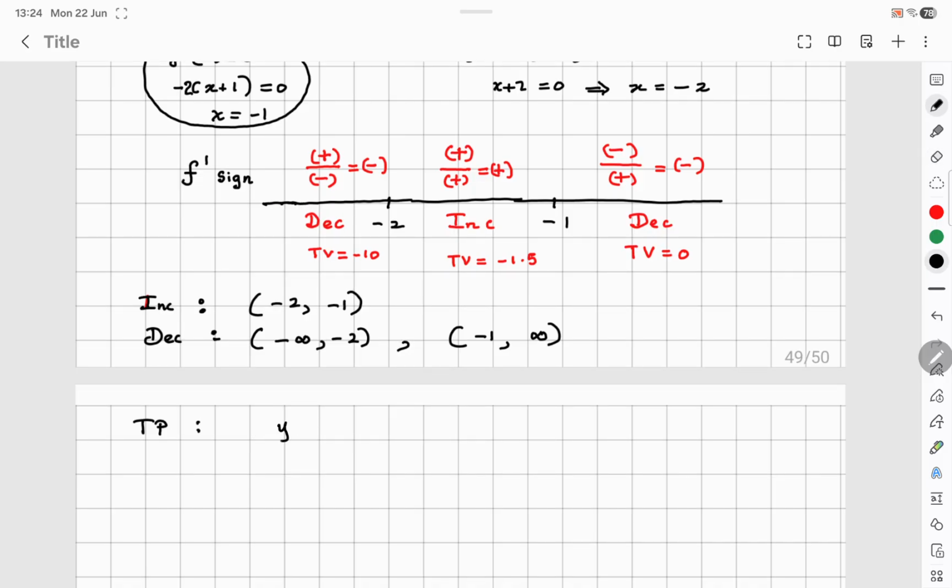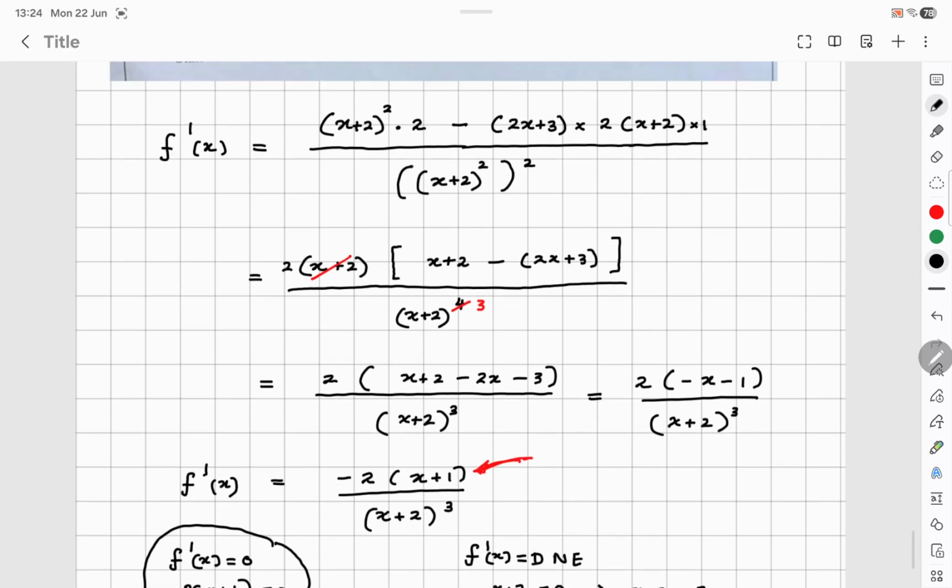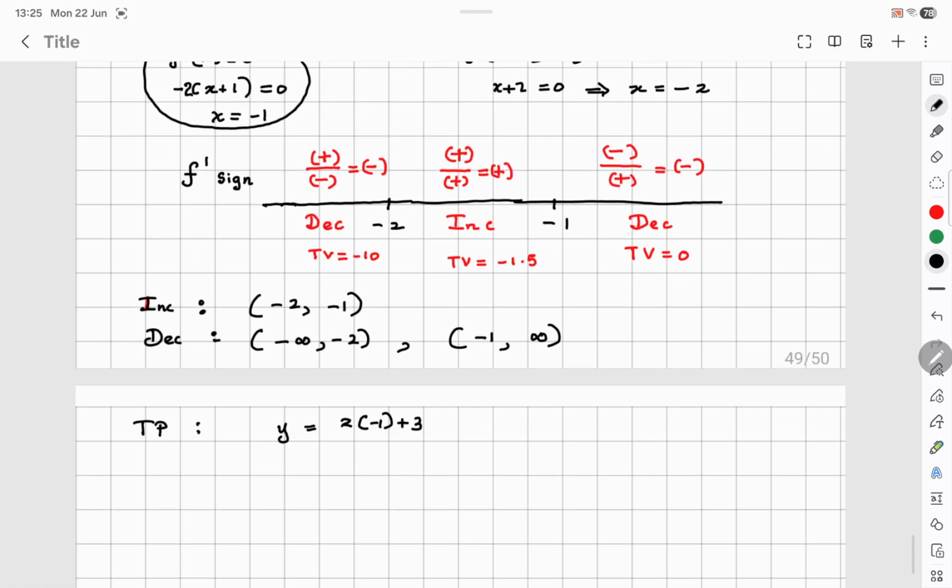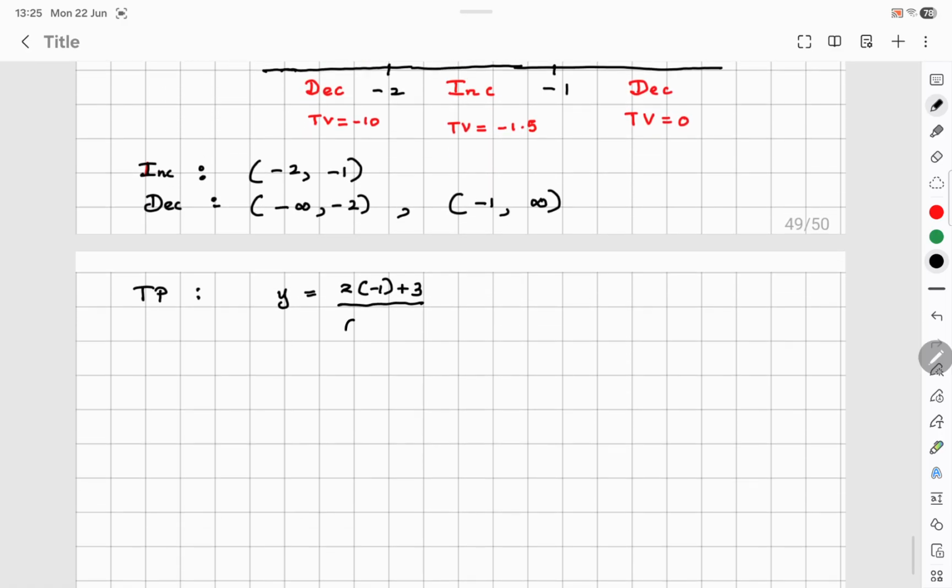I have to substitute x equals minus 1. So minus 1 plus 2, squared, gives 1 at the top. So y equals 1. So the turning point is (minus 1, 1).